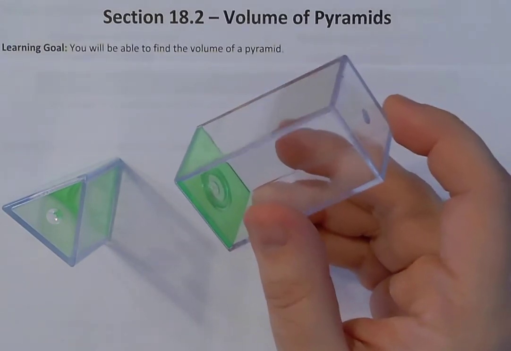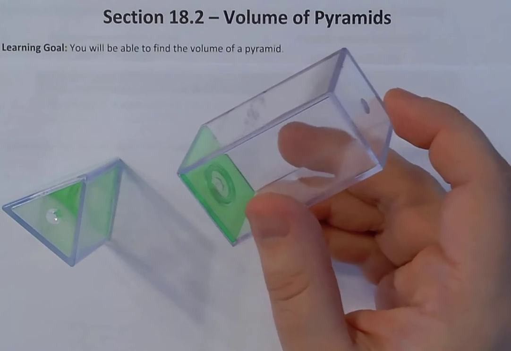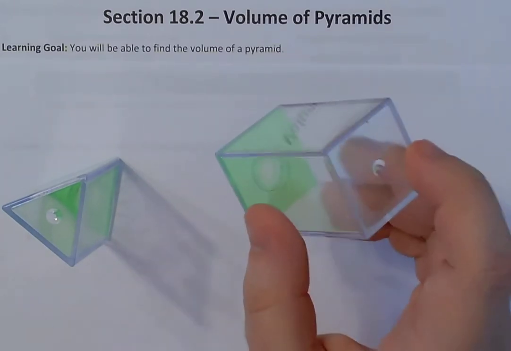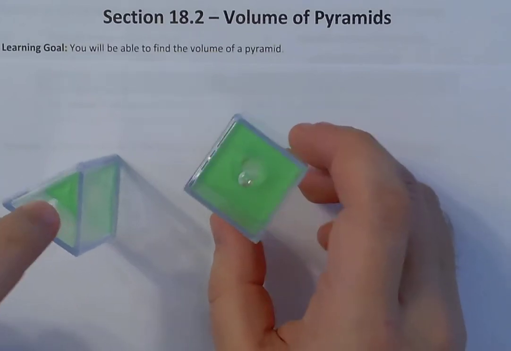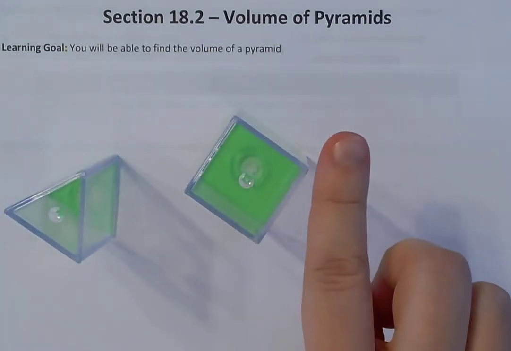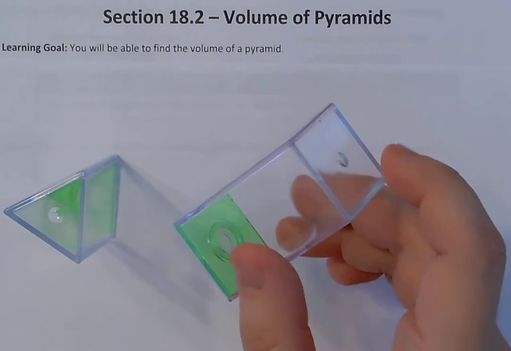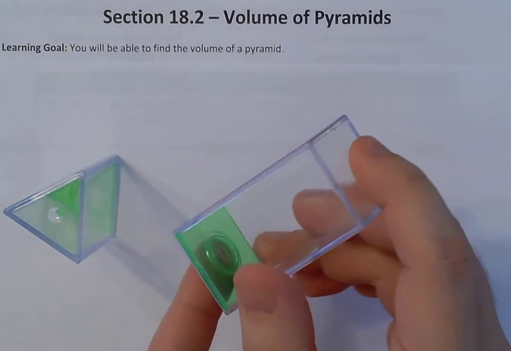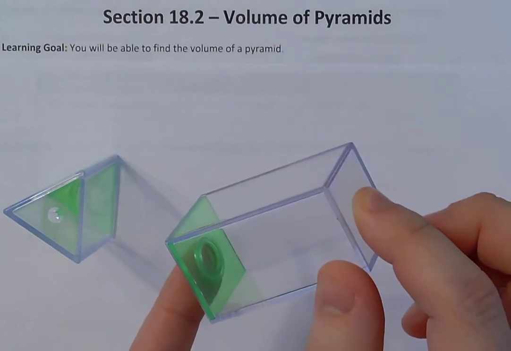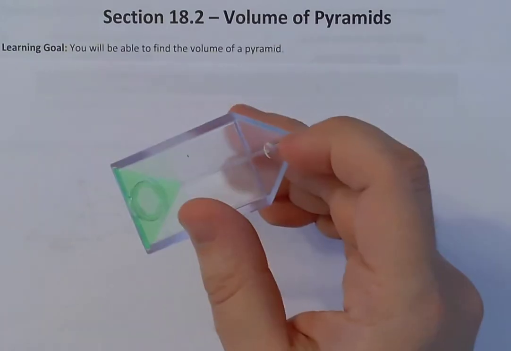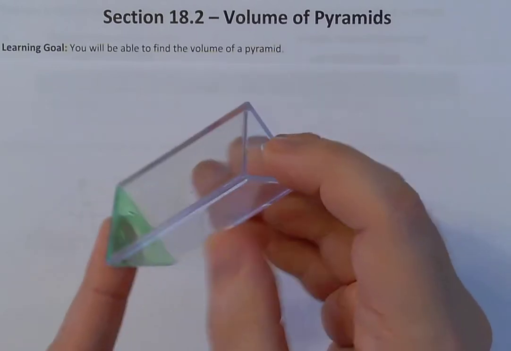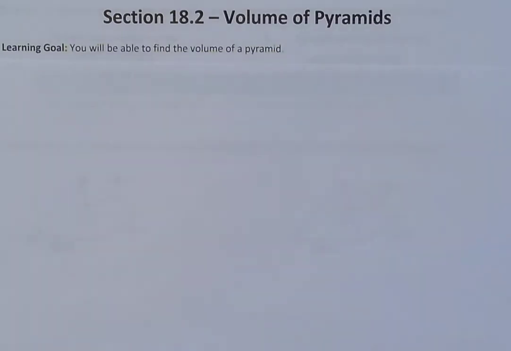To find the volume of a prism, we had to find the area of the base, in this case a rectangle, or in this case a triangle, and then multiply it by the height of the prism. Prisms have a base on the top and on the bottom, and the sides are made up of rectangles. Same thing for a triangular prism: the top and bottom are triangles, and the sides are all rectangles.